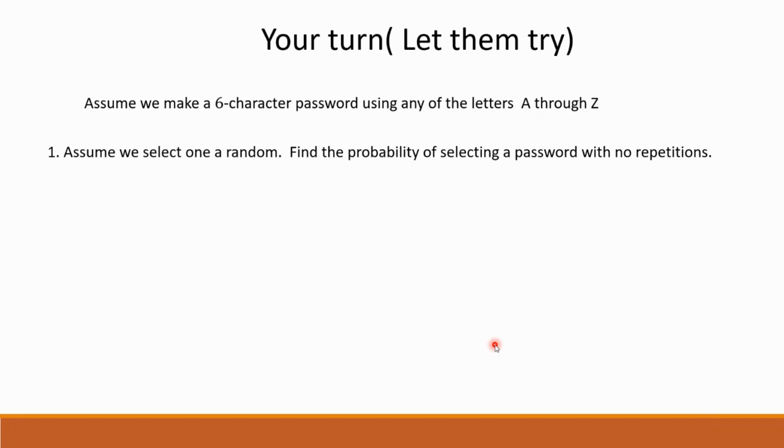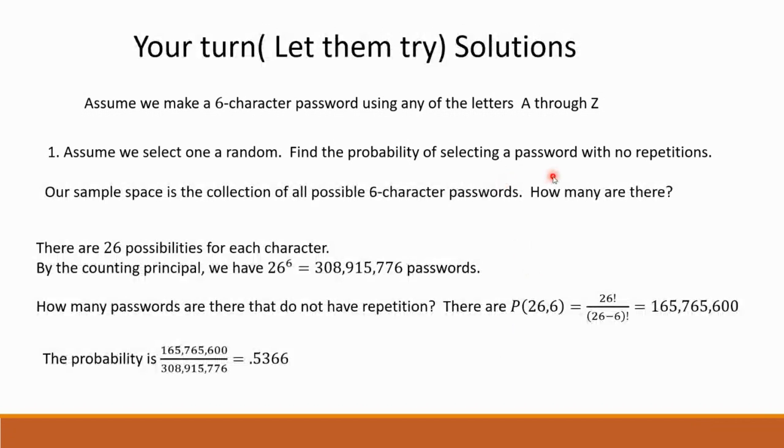And we're going to select the password. So the question is, what's the probability of choosing a password with no repetition?